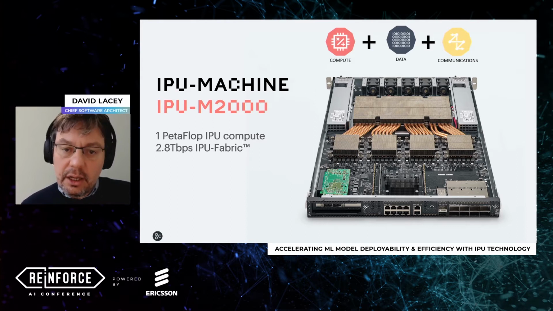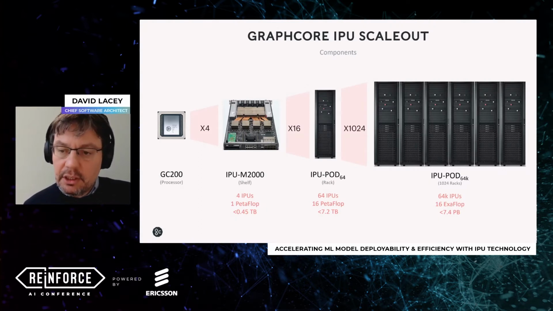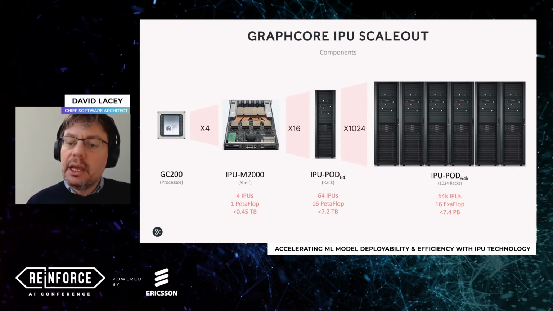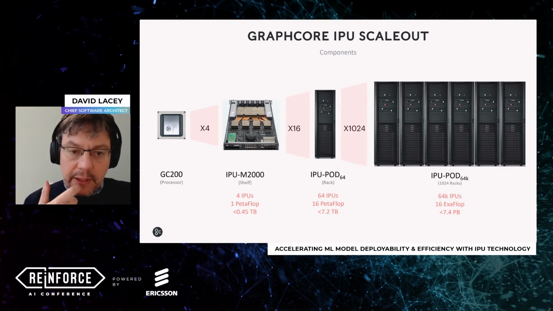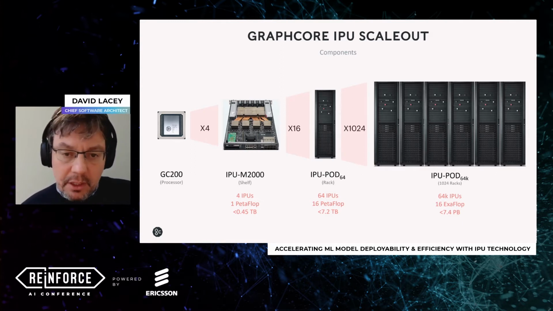That's basically what Graphcore provide. And we can build that up and up and up to make really big systems. So at the bottom, we have a single processor. If we put 4 of those into an IPU M2000, that gives us a petaflop of, when I say AI compute, this is 16-bit floating point precision with stochastic rounding as well, which is very important for the world of machine learning.